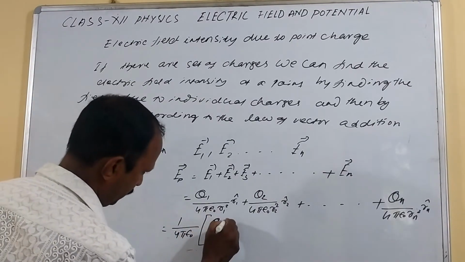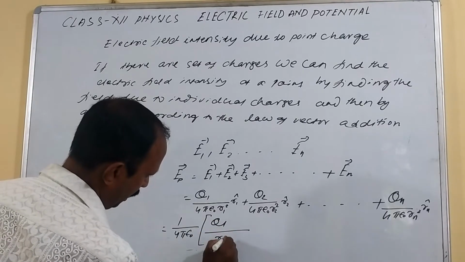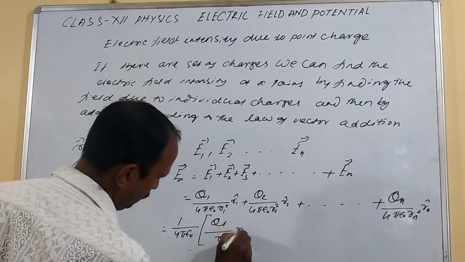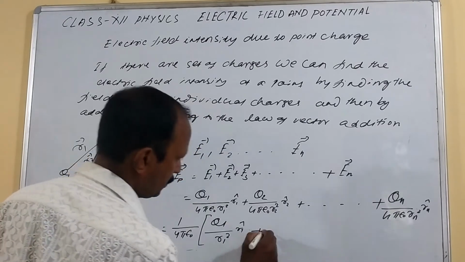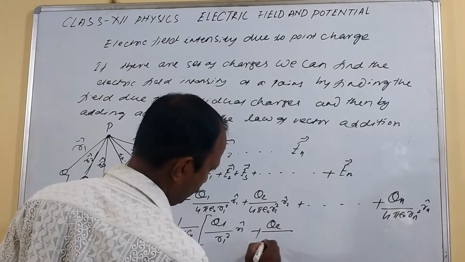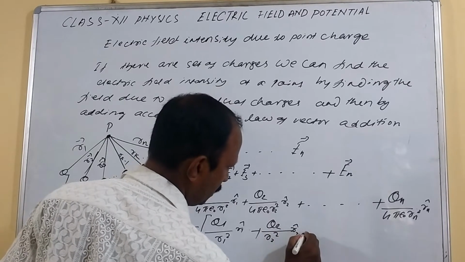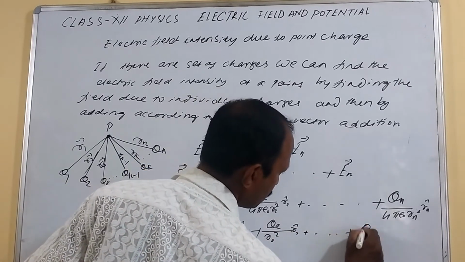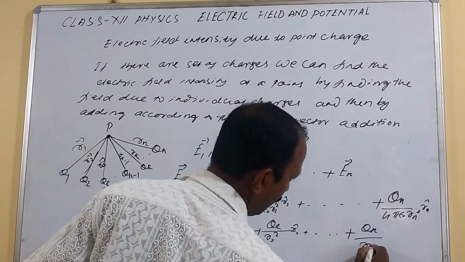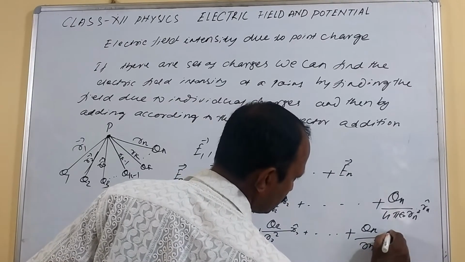Here I can write Q1 upon R1 square plus Q2 upon R2 square plus Qn upon Rn square.